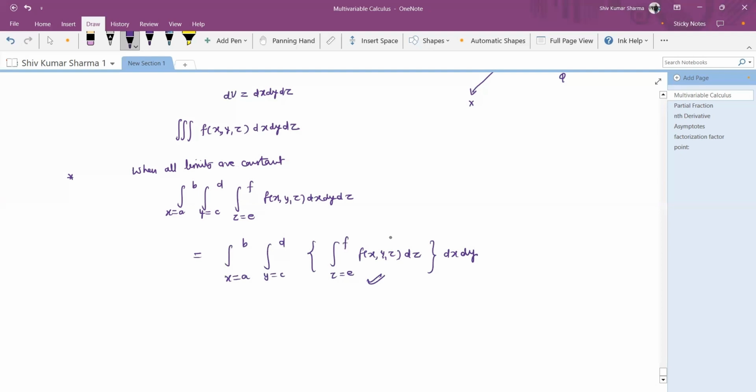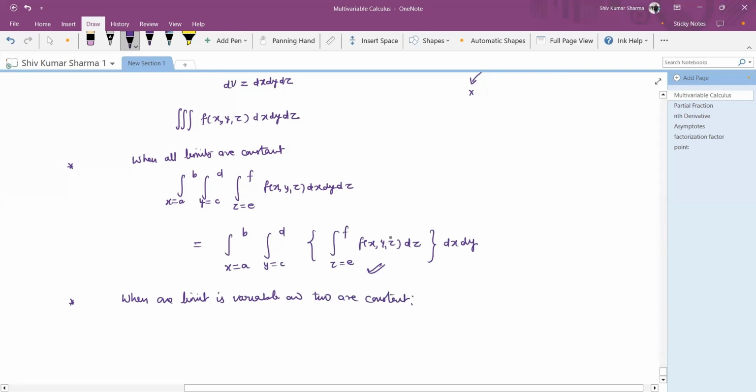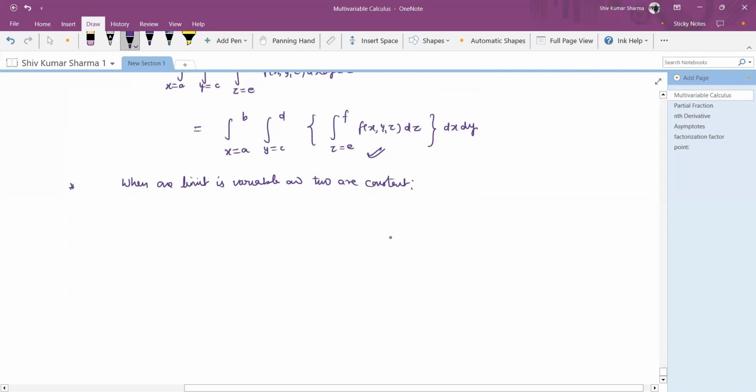Now, we talk about the variable limits. Sometimes one limit is variable and two are constant. First we always solve the variable limit.